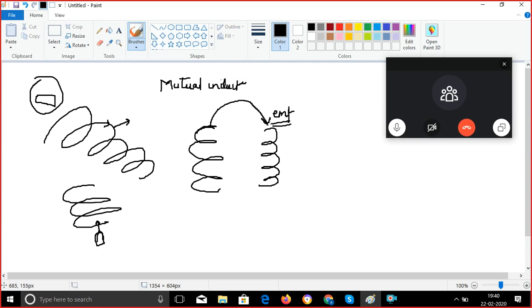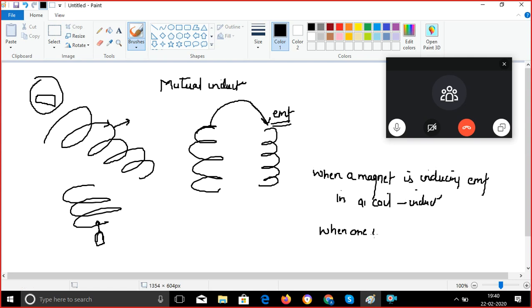When a magnet induces EMF in a coil, that is known as induction.